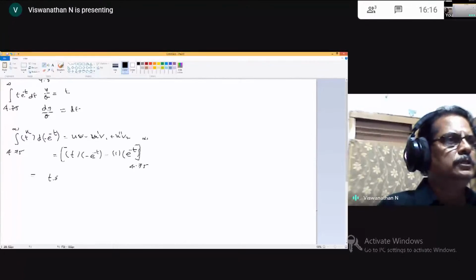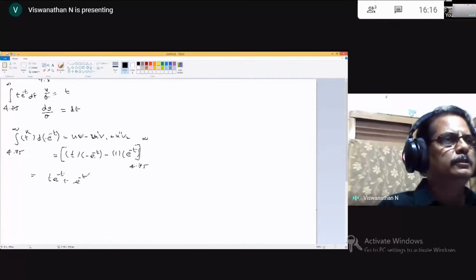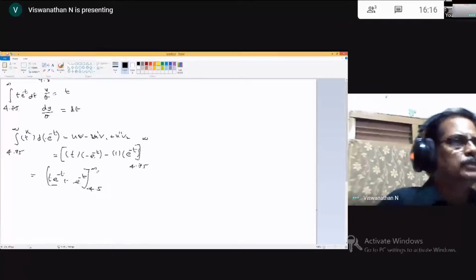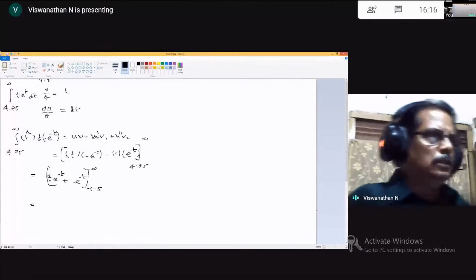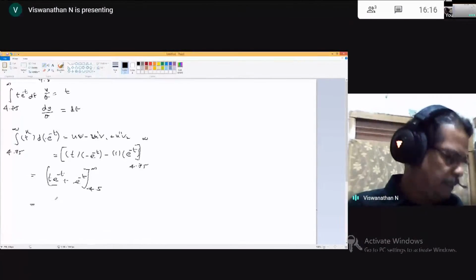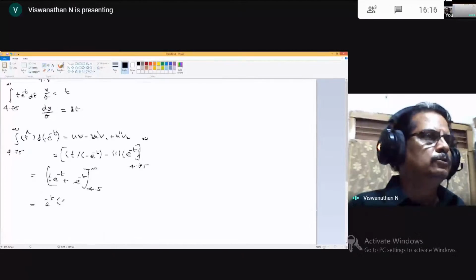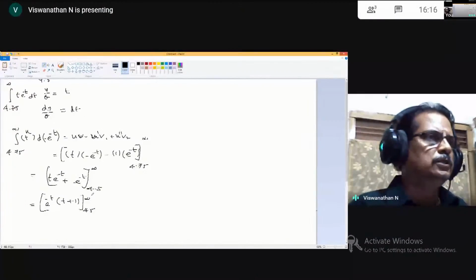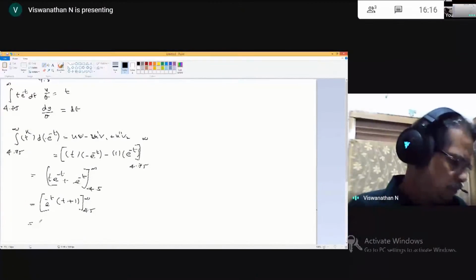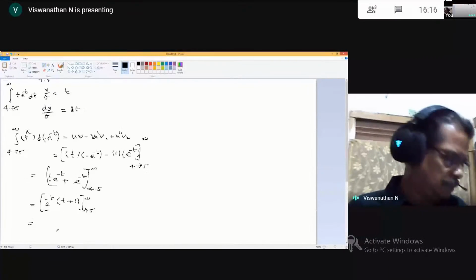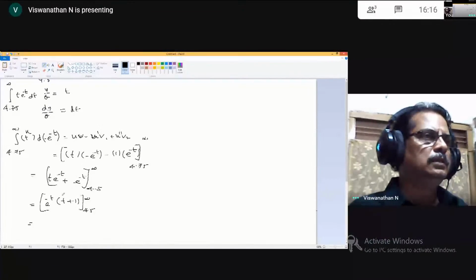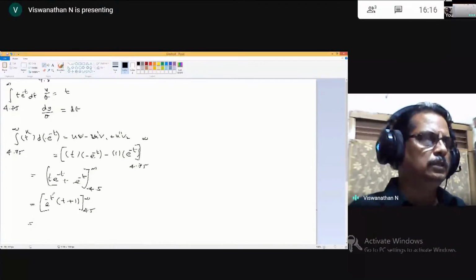So I have t e power minus t plus e power minus t under the limits 4.75 to infinity, which is equal to, we can take out e power minus t outside, so (t + 1) e power minus t from 4.75 to infinity. This is a simple substitution. At the upper limit it is 0, e power minus infinity.